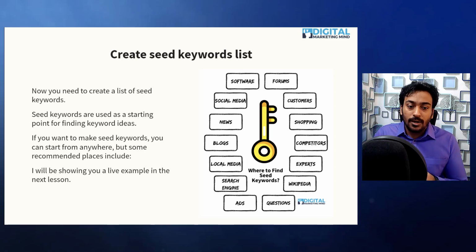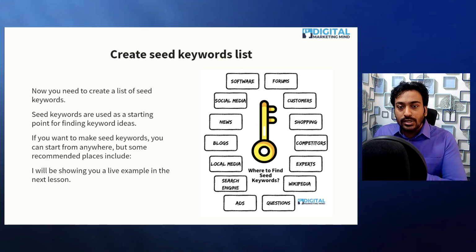Shopping sites, whatever shopping sites are available for you. The reason is, when it comes to finding seed keywords, shopping sites usually have a sales copy drafted specifically for your target audience, where they highlight the main pain points, the main issues relating to it, and how this product can fix those problems for your audience.